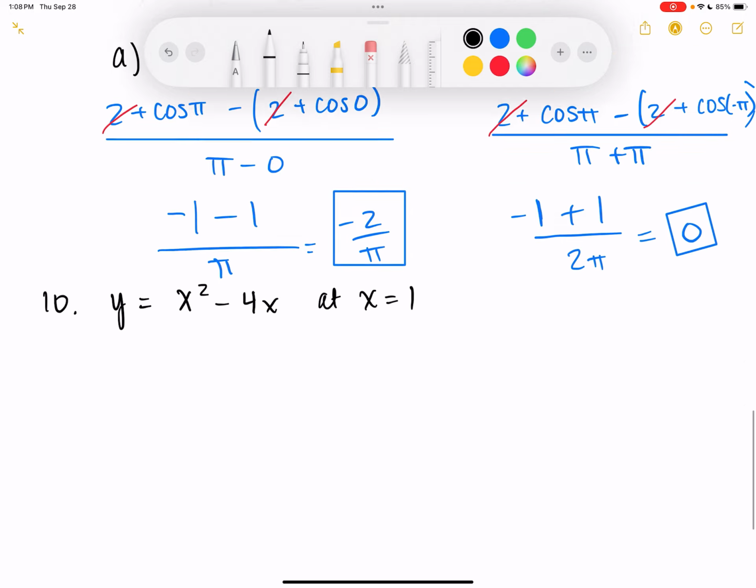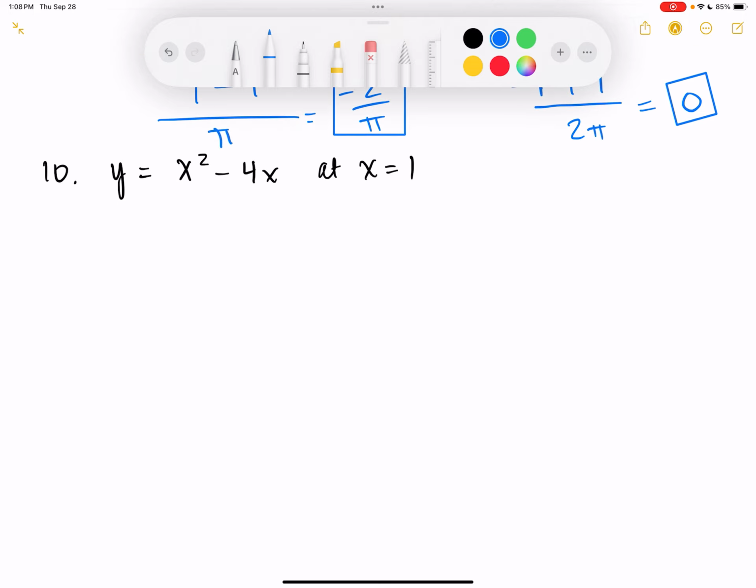So the limit as h approaches 0. Now, in this case, x is a in our formula. Okay, so if you need to see it, there it is. So we have, in parentheses, 1 plus h squared minus 4 times 1 plus h.